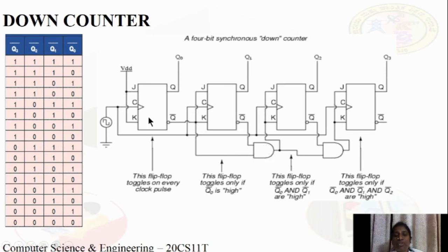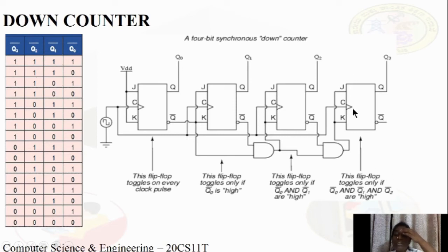It takes the output from these two and sends that output as an input to the JK inputs for the third clock pulse. This flip-flop toggles only if Q0 bar and Q1 bar are high. When both of these are high or both are low, its value changes.